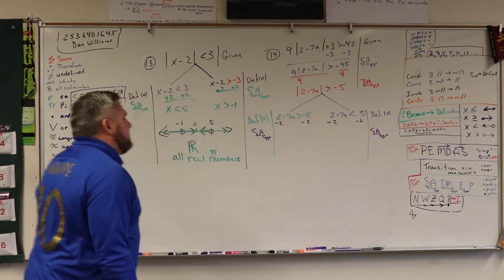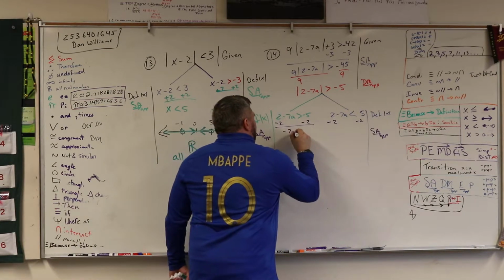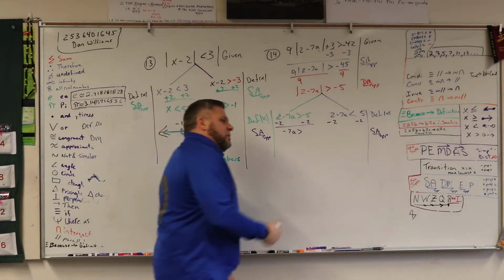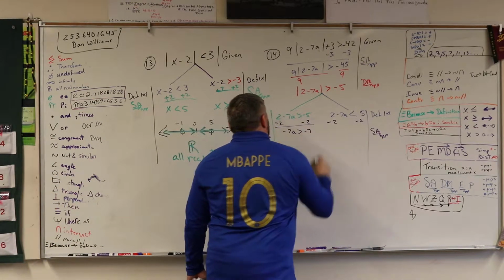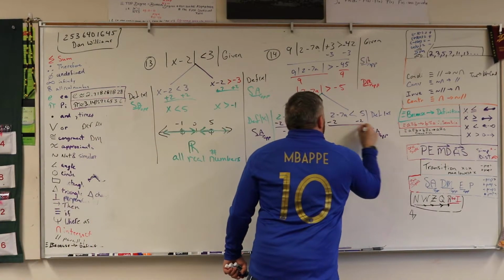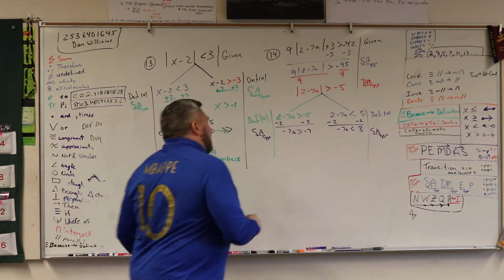SA. That gives me what? Negative 7a is greater than, what's negative 5 minus 2? Good job, negative 7. What is 5 minus 2? 3. Good job, 3. Alright, then what?